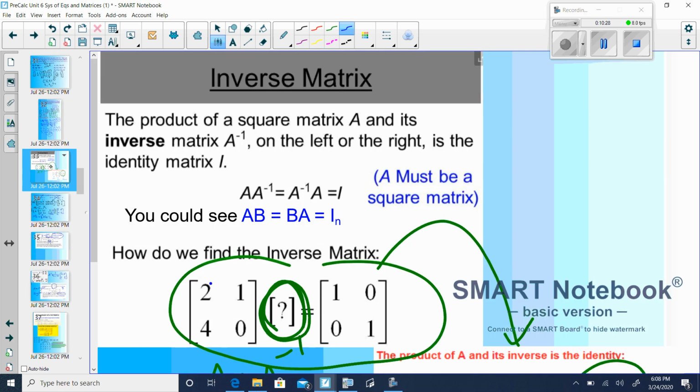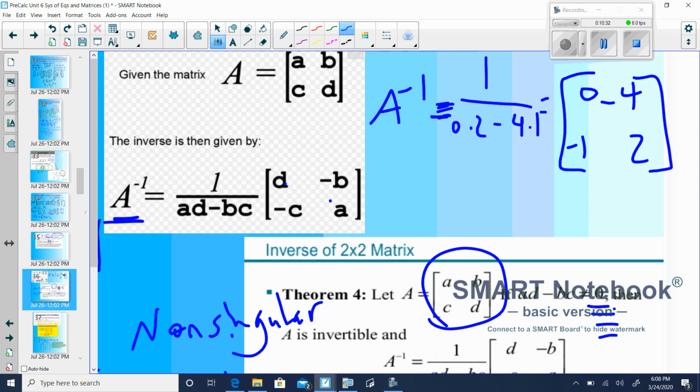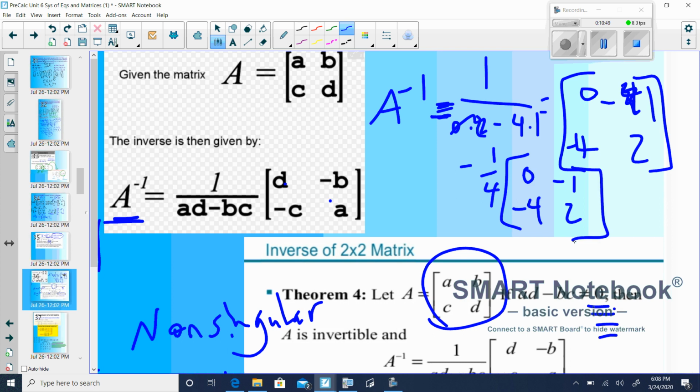Okay, so did I do that right? Let's see. 2, 0. Okay, so 2 and 0 switch, and this should be a negative 4. That should be a negative 1. There we go. All right, so we have 0 minus 4. So negative 1/4 times this matrix. Guys, that's scalar multiplication.